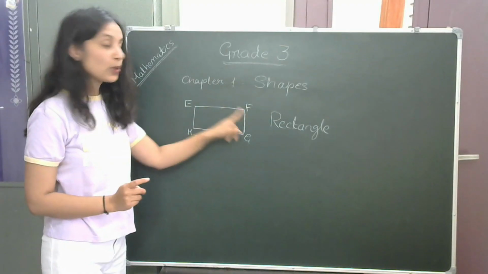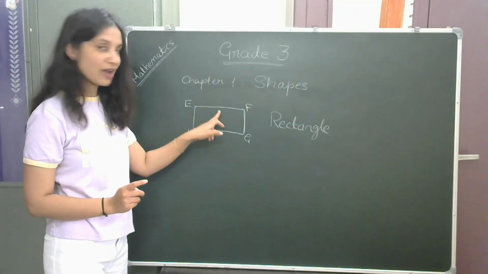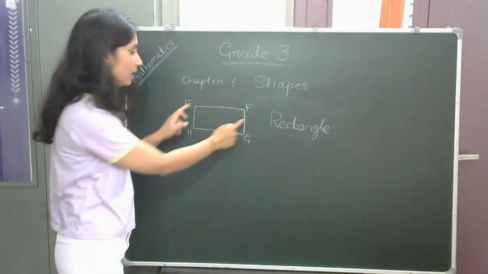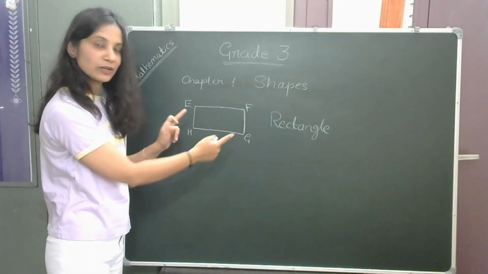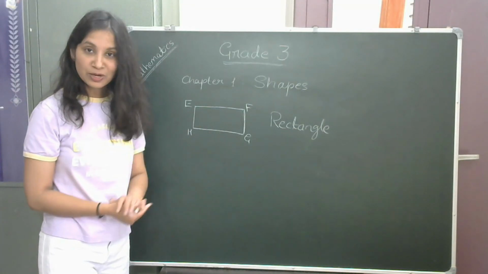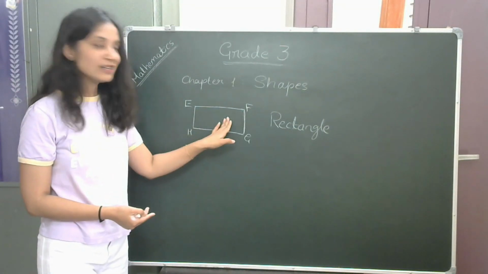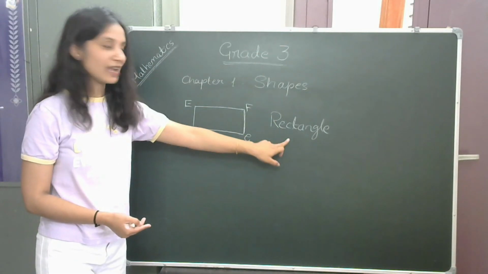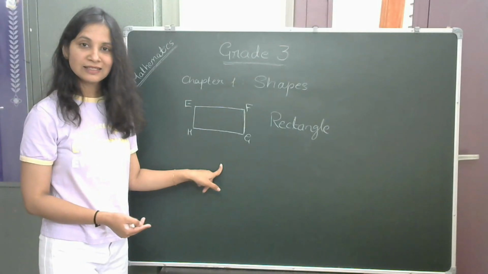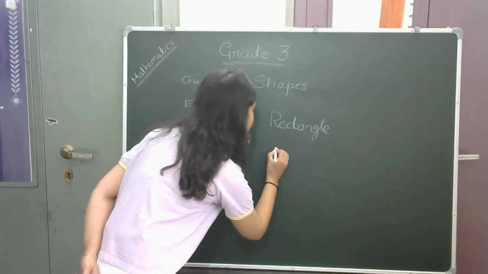So, the closed figure which is having opposite sides, these are opposite to each other and these two are opposite to each other. Two sets of opposite sides are equal. That figure is called a rectangle. Can we write the number of corners and number of sides? Repeat after me.